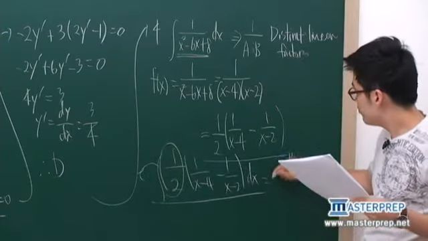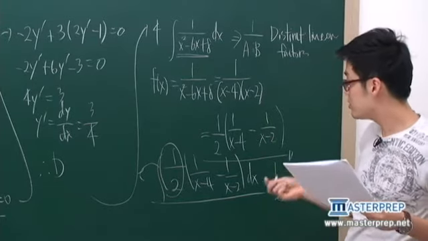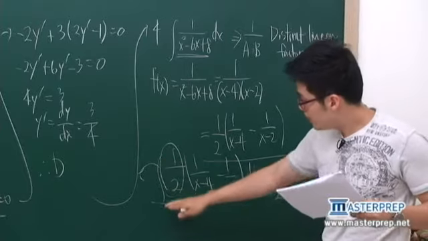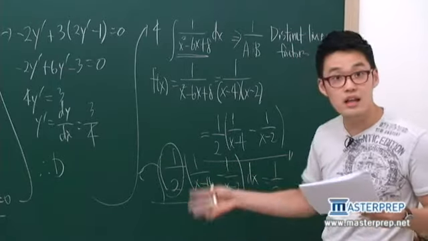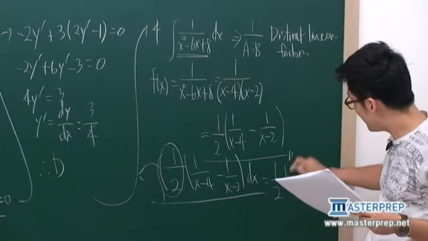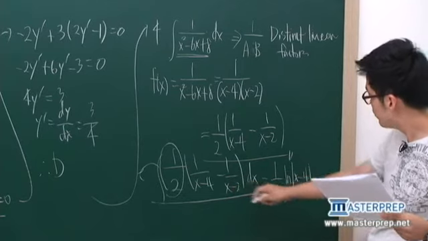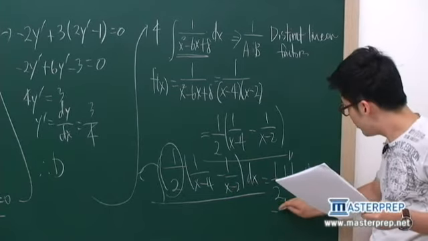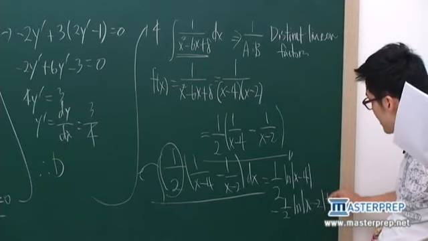And so 1 over 2, we already do know the integral of 1 over x minus 4 is what? It is ln|x minus 4|, minus 1 over 2 ln|x minus 2| plus constant.